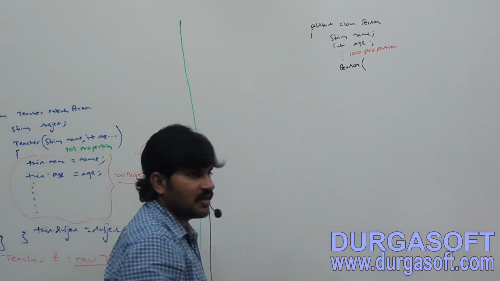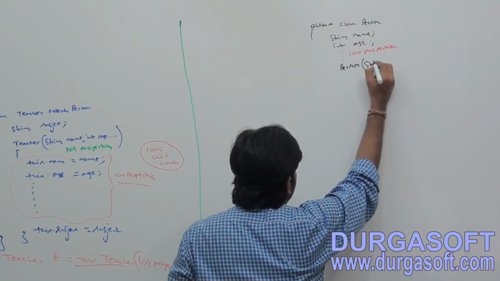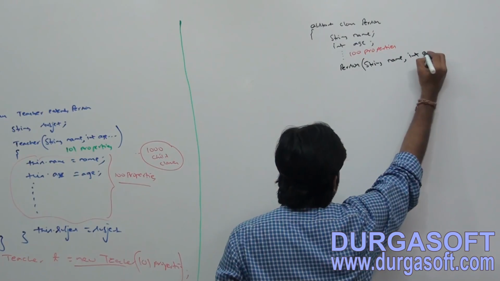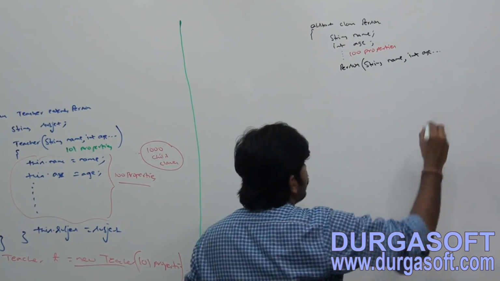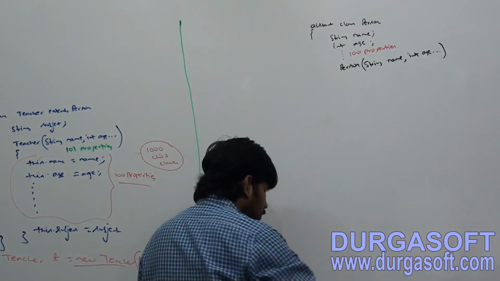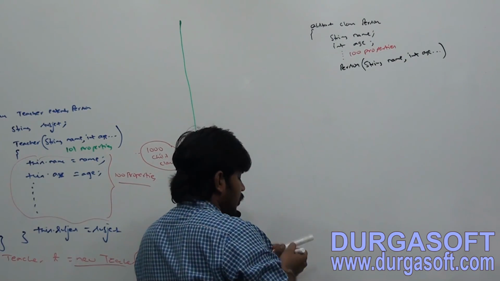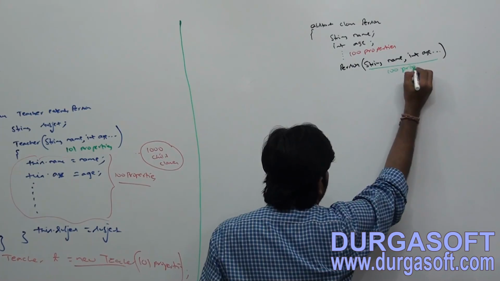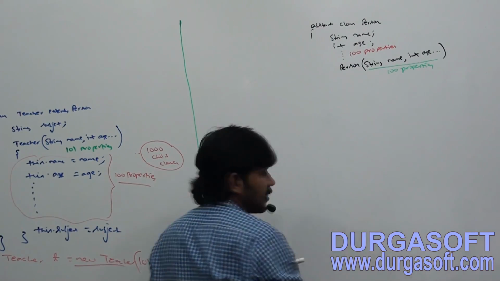Person constructor, string name, int age, and so on. How many properties am I taking here? 100 properties I am taking, right?